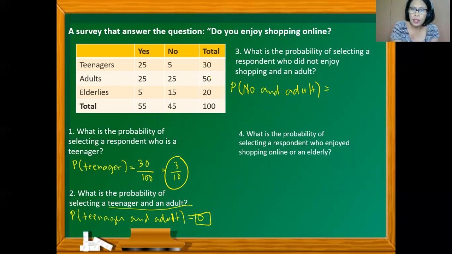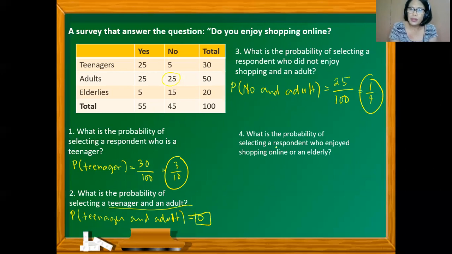We have 50. Among the 50, how many adults did not enjoy shopping? That will be the value of the numerator. So 25. We have 25 adults who at the same time did not enjoy shopping online, over 100 respondents. So this is one fourth.